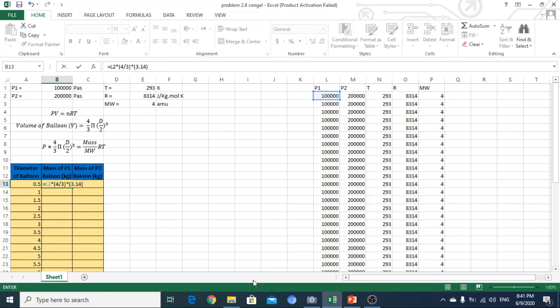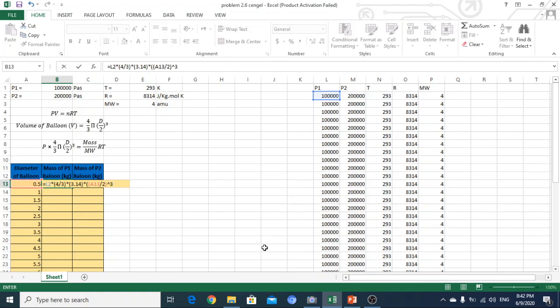Then we multiply this factor with the diameters. The diameter is just beside here, which is equals to 0.5, and divided by 2, bracket close, which has whole power of 3.